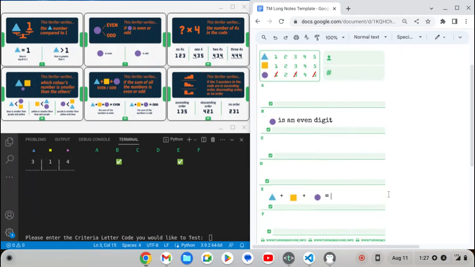And since we already know that circle is already even, that informs us a little bit about what triangle and square may look like. In order for the overall sum to remain even, having circle be even means that triangle and square have to be either both odd or both even.